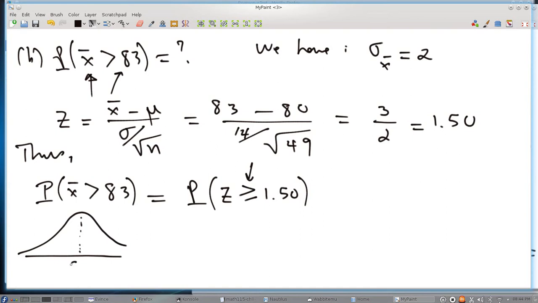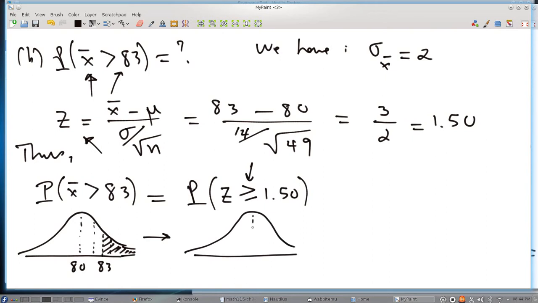So this was, I think, 80 and 82, 84, and 83 is right here. This is the region that we are interested in finding. Okay, and then with the equation based on the z, we're able to translate this into this standard normal curve, and the normal curve tells us that we have a 0 here, a 1, a 2, and a 3.